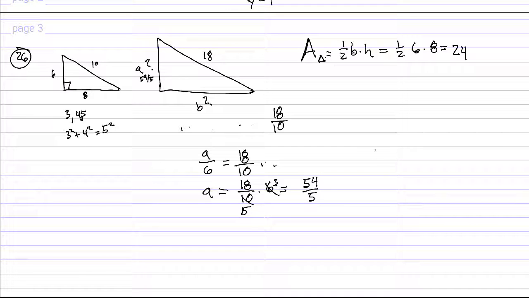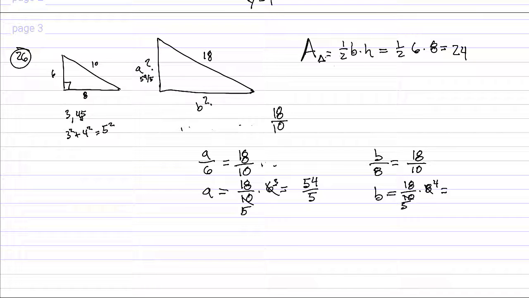And B over 8 equals 18 over 10. So B would be equal to 18 over 10 times 8, right? 18 times 4 would be 54 plus 18, because we just did that problem of 3 times 8.